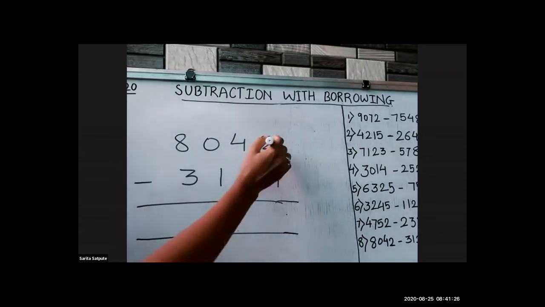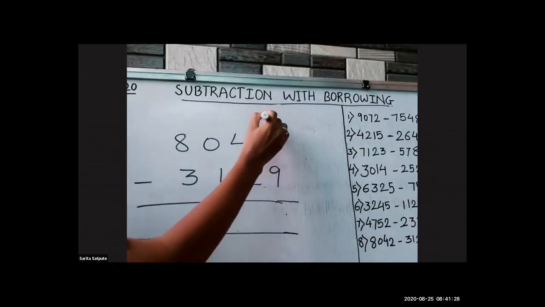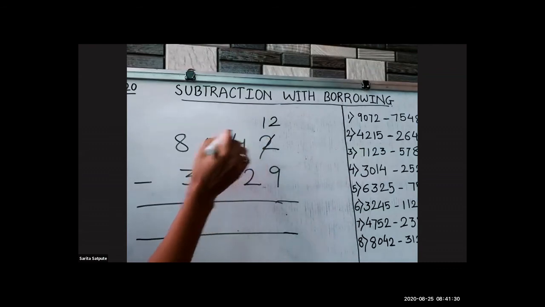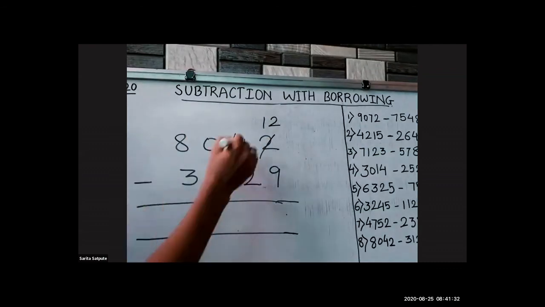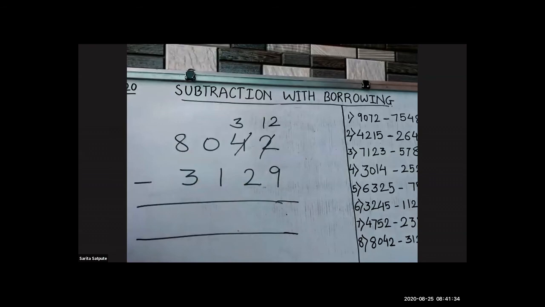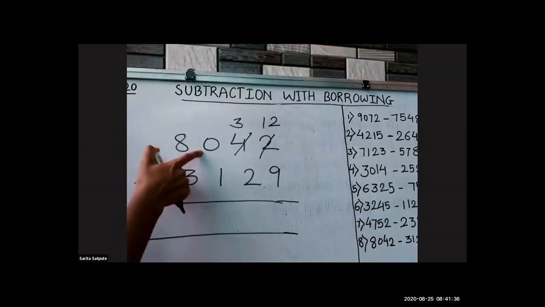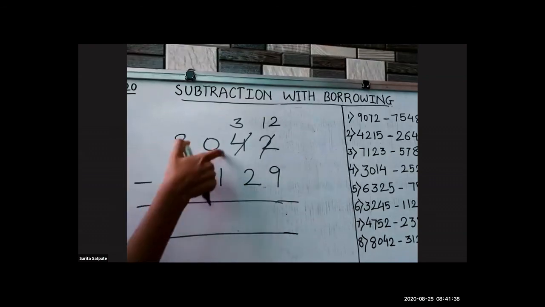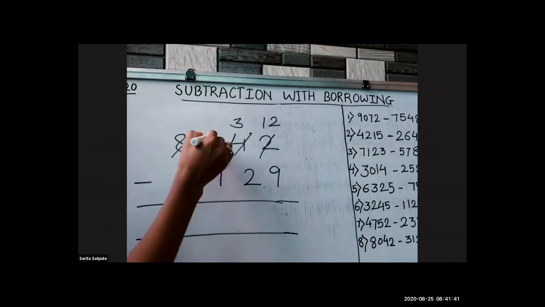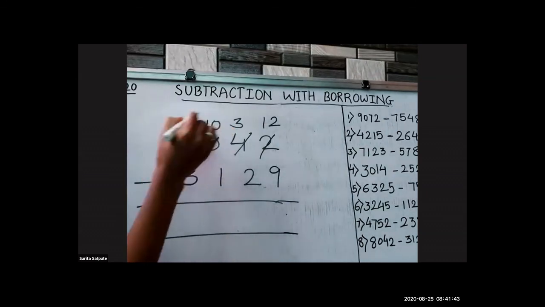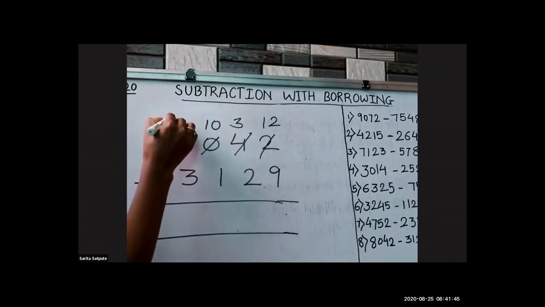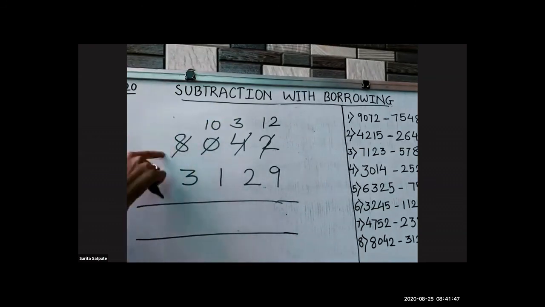Cut 4 and write 3 above. Now here you cannot subtract 9 from 2. Borrow 1 from 8, so it becomes 10, and tell me what 8 will become. 7.